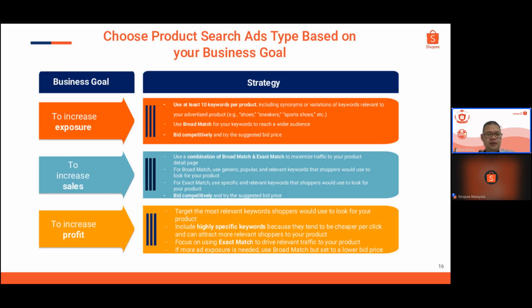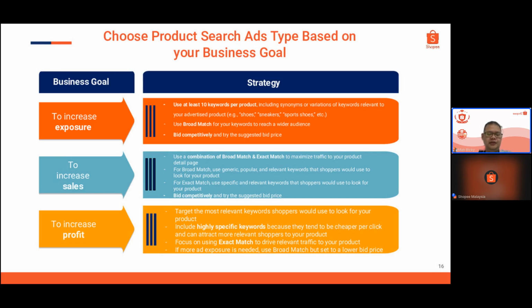To increase profit, the most important thing is to include highly specific keywords, which means the keyword is related to your product. Example, HP computer. HP computer has a lot of models, for example HP 104.